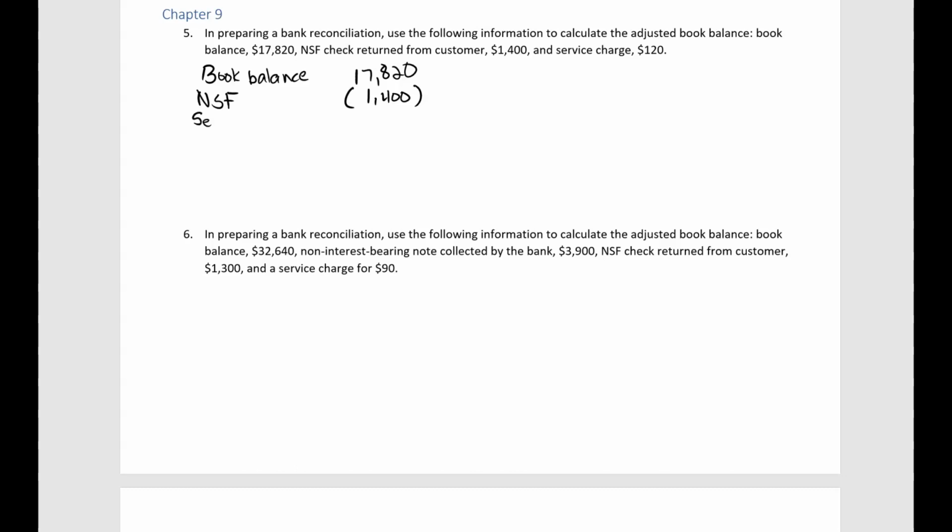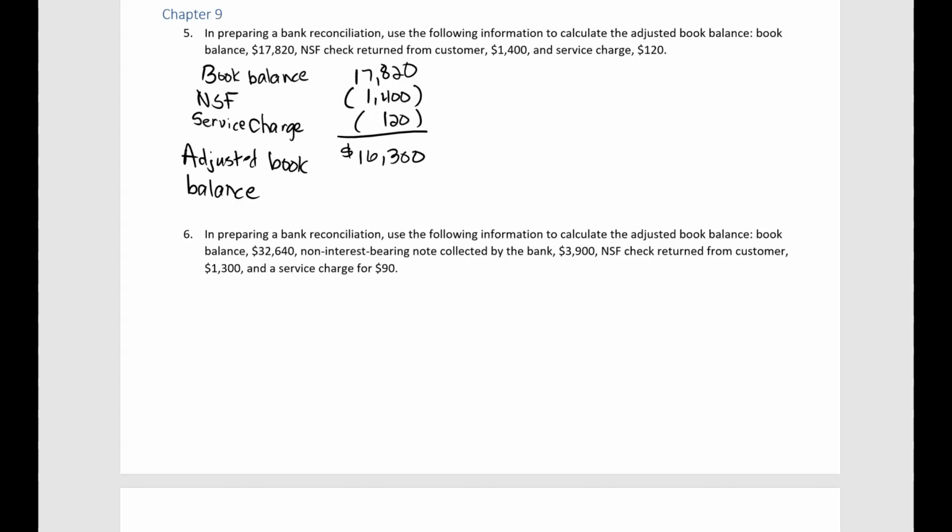And then a service charge of $120. Our new balance should be $16,300. This is the adjusted book balance.